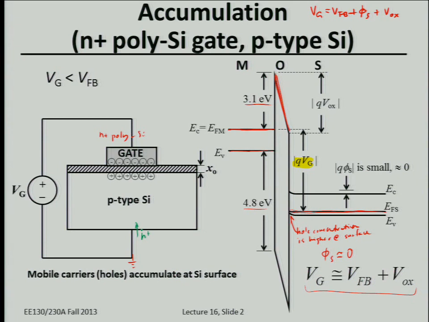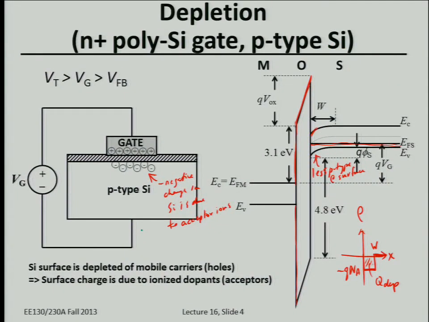So basically, it's equivalent to moving this thing up and down. You can have charge coming easily in and out to adjust to the gate voltage, so you don't have to worry about sharing the voltage drop in the silicon with that in the oxide. But in depletion, you're adding positive charge to the gate, biasing the gate more positively. Ideally, you'd like to have negative charge coming from somewhere in the silicon, but this is p-type silicon, so electrons don't come about very easily.